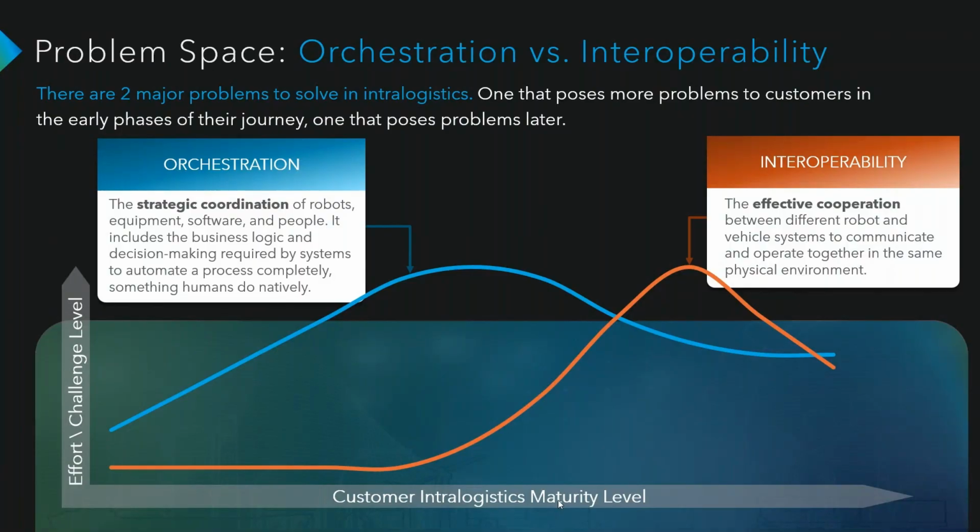So what we typically see is that early on, as customers start to automate intralogistics, the first challenge that we see them facing is what we call orchestration. That's the blue curve here. And orchestration we like to refer to as just strategic coordination between all of the system components, the robots, the software, the people, etc. And this encompasses that business logic and decision making that I was talking about earlier.